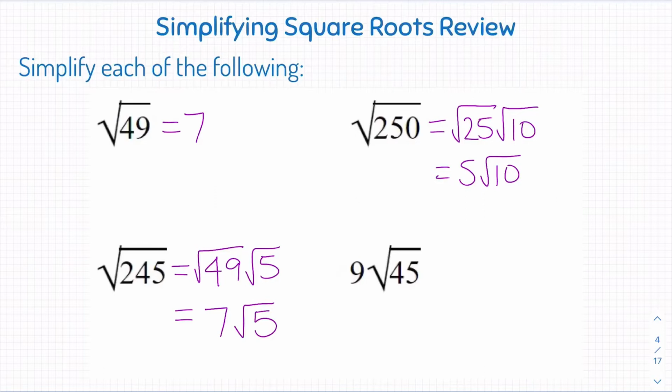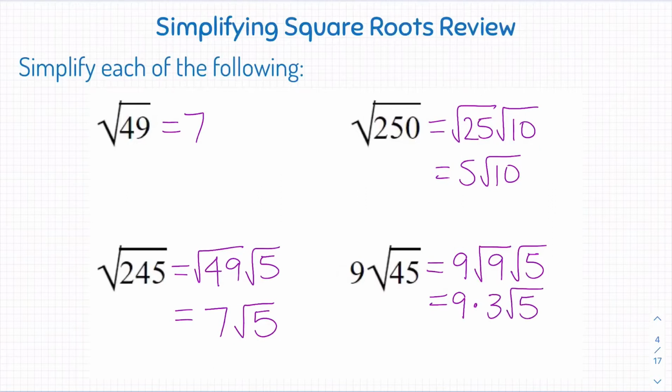In this last example, the 9 is your coefficient. It's what's multiplying the square root of 45. I know the square root of 45, the biggest perfect square that goes in there is 9, 5 times. So really I have 9 times the square root of 9, which is 3, times the square root of 5. So my final simplified answer would be 27 radical 5.